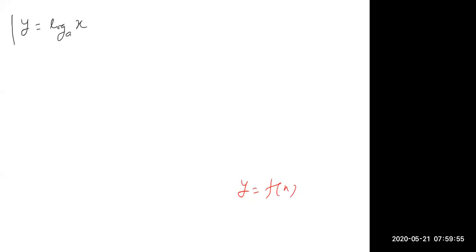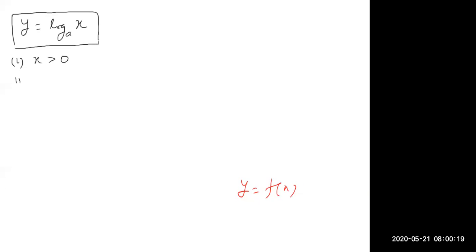This is our standard representation of log. And the conditions we have seen are very important. Logs are never defined for negative numbers or zero. First condition is x must be greater than 0.